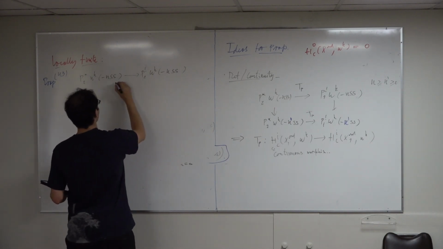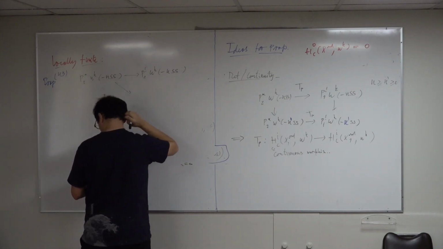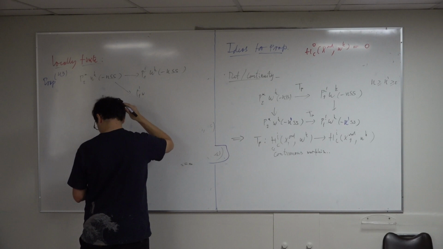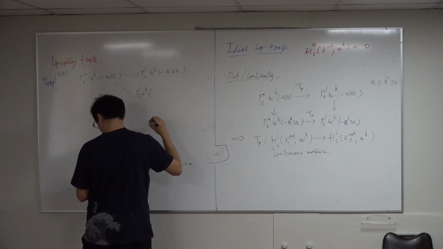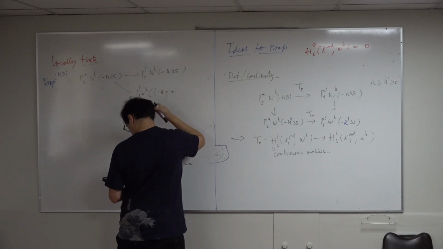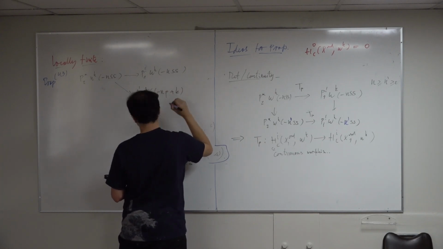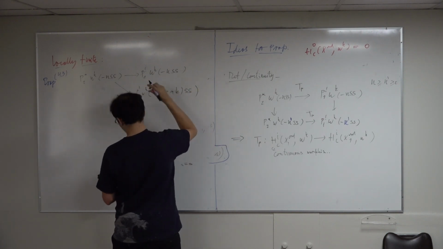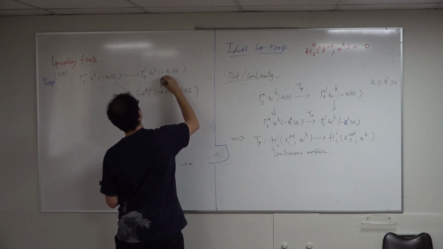The proposition that this map factors through P1 trig or exclamation mark k minus p plus k ss. I have all the parentheses, and this goes in this direction.